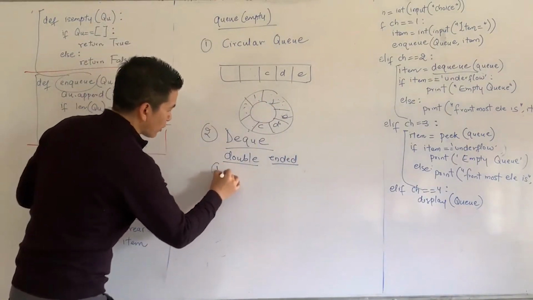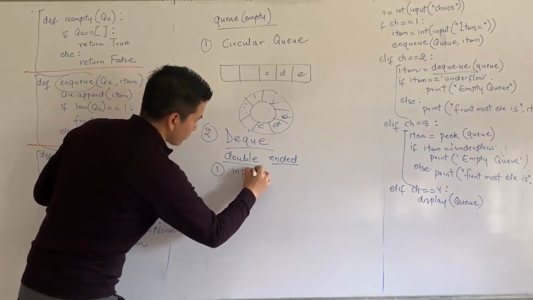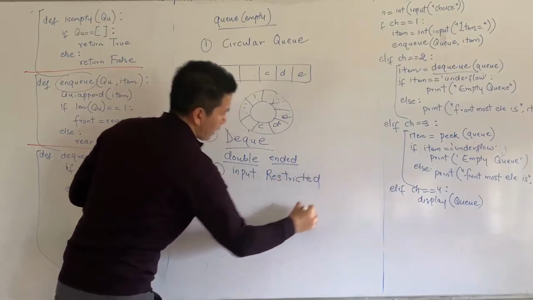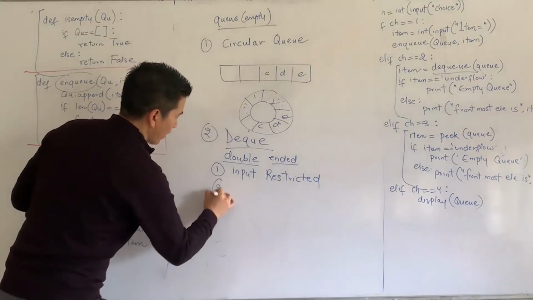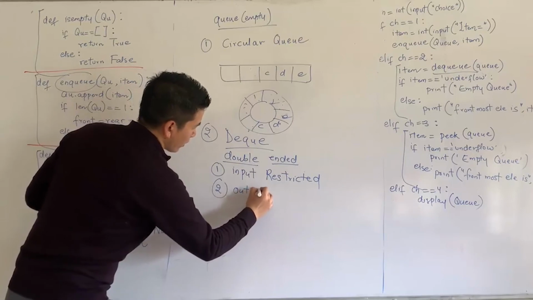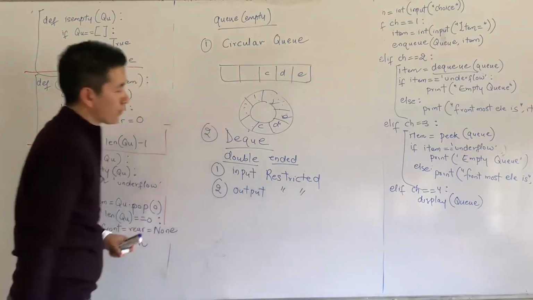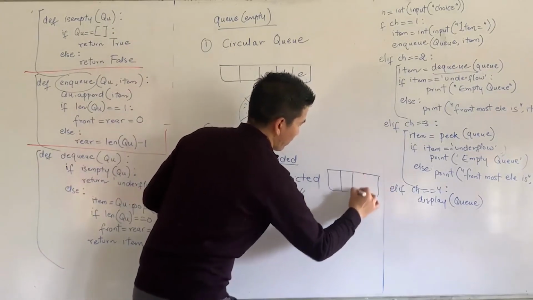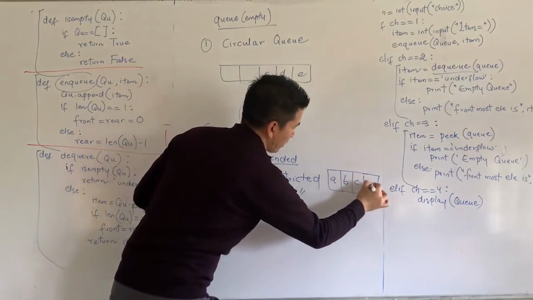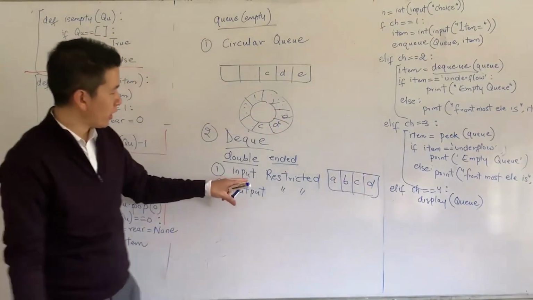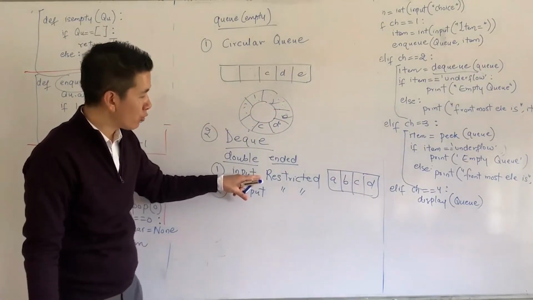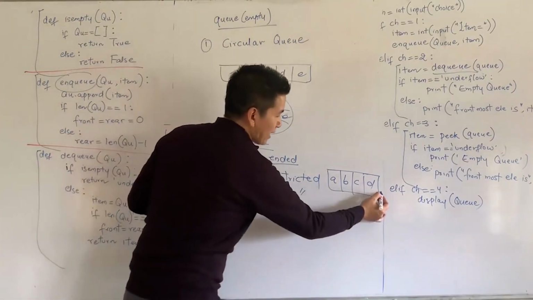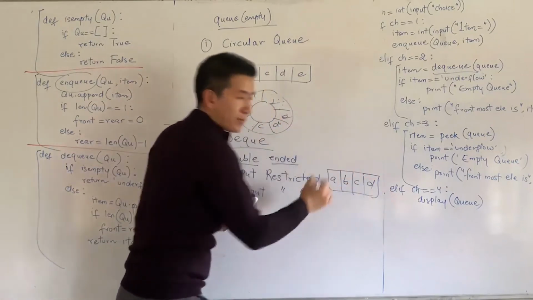Again, there are two types. The first one is input restricted. Okay? And the second one is output restricted. Alright? So in the input restricted, what happens is, let's say I have the queue like this: A, B, C, D. So input restricted means you can add an element only at the end.